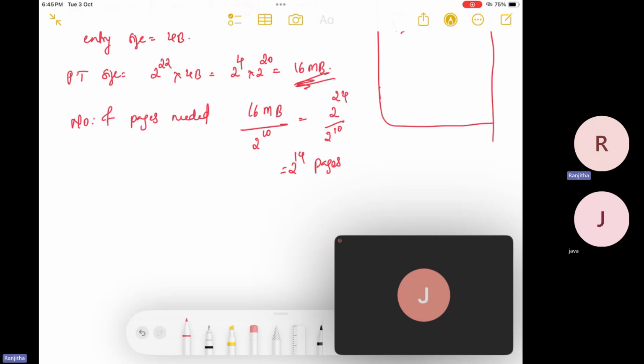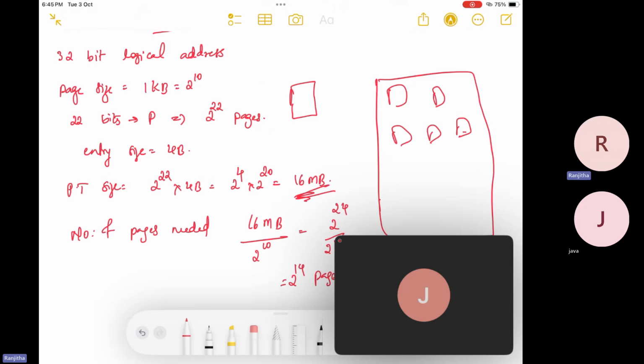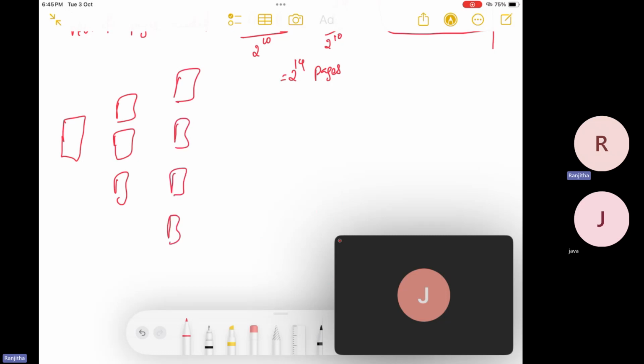For this, we use certain organizations: one is hierarchical paging, another is hashed page table, and the other one is inverted page table. In hierarchical paging, this one large page table will comprise multiple pages. So we will have something called an outer page, then many inner pages, which would finally map to the frames in the memory.